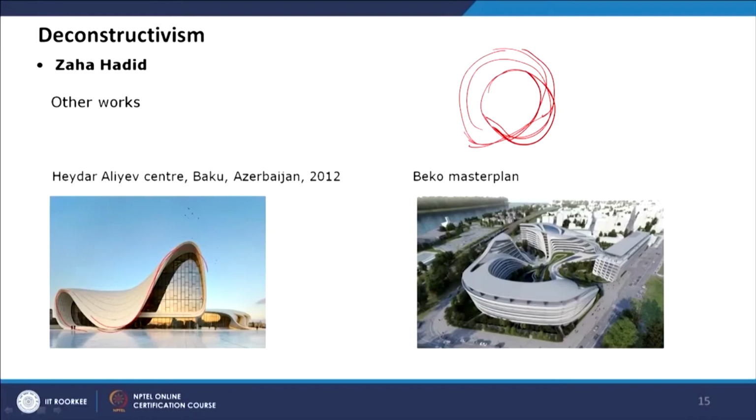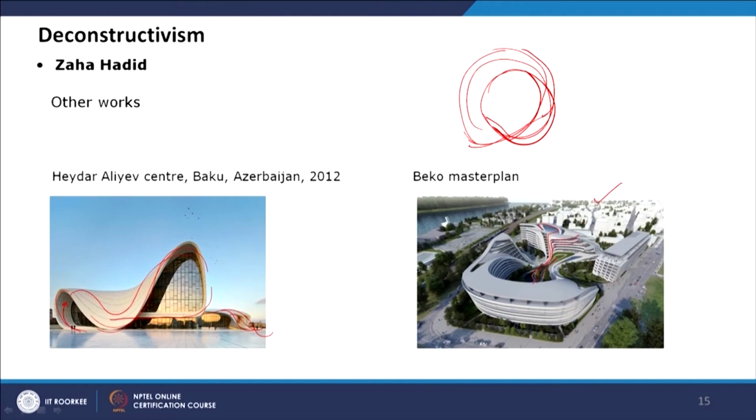If you start from this side, you will go to the other side of this strip. So it works as a Mobius strip, and it starts with the wall and then becomes the roof, and again comes as a wall, and other lines flow from this roof to wall, and this is blended. And here also, this is Baku's master plan, and the landscape lines start with the building and then go on top of the building, and the same landscape lines are acting as fenestration.